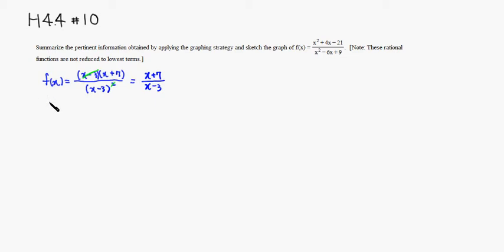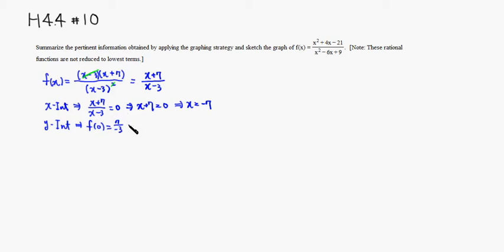In order to find the x-intercept, we set this equal to 0, which means that x plus 7 is equal to 0, so x equals negative 7. If you want the y-intercept, you just put 0 for x, which is going to be 7 over negative 3.